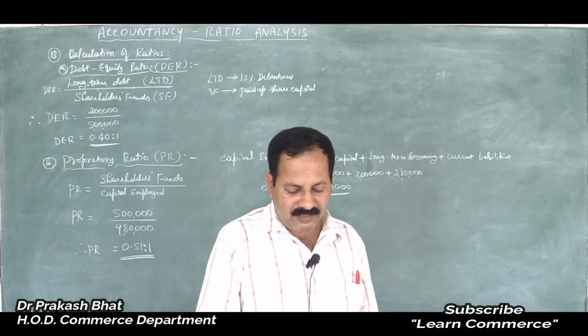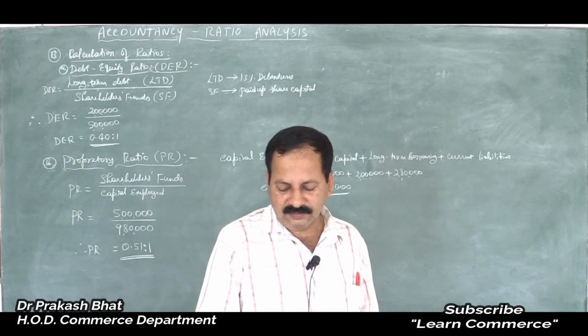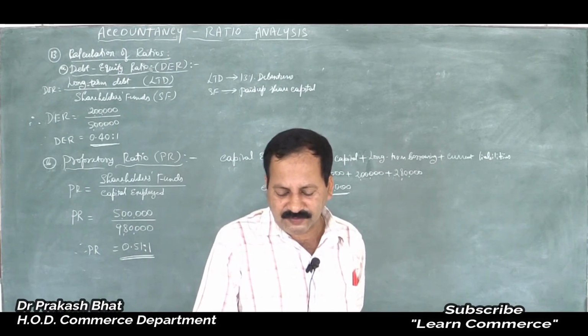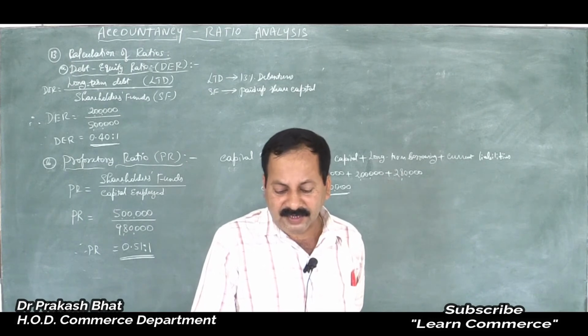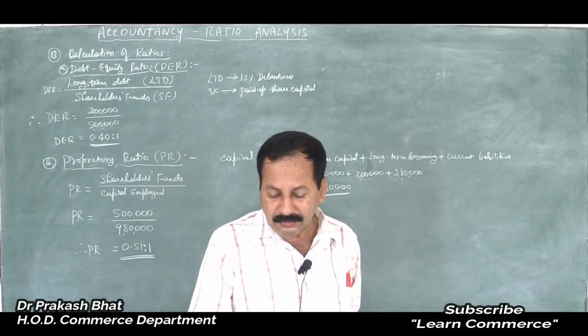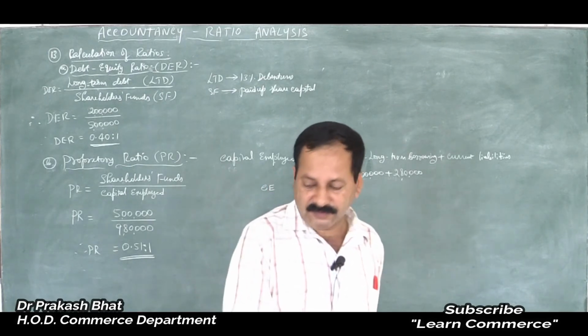So let us calculate this. Inventory is given, total current assets, shareholders funds, 13% debentures, then current liabilities, net profit before tax, cost of revenue from operations, total assets, right? Yes, let us solve it.